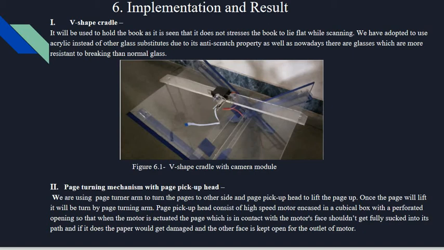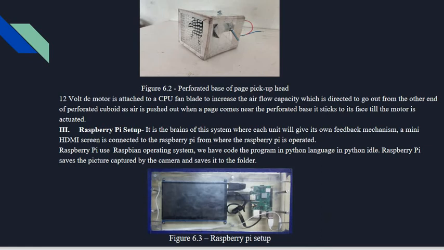For the page turning mechanism, we are using a page turner arm to turn the pages to the other side and a page pickup head to lift the page up. Once the page is lifted, it will be turned by the page turning arm. The page pickup head consists of a high speed motor encased in a cubical box with a perforated opening.